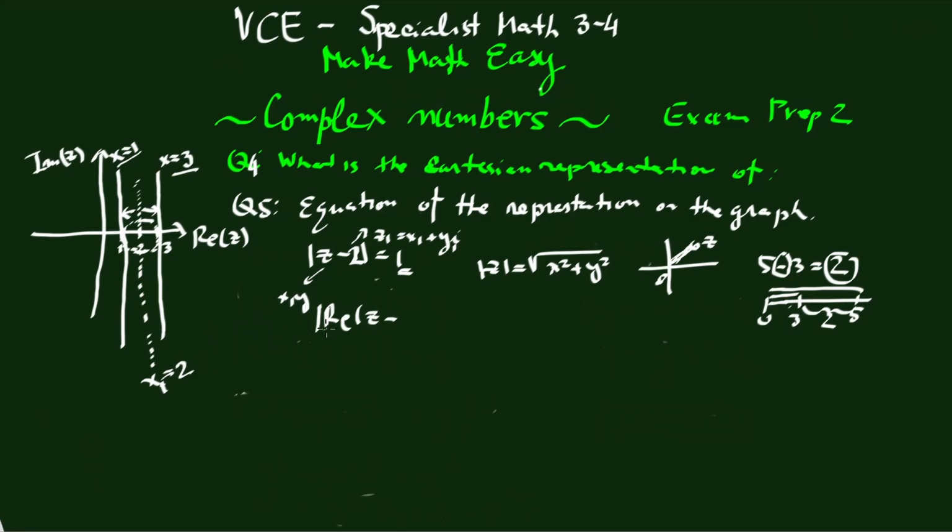So the distance between the real part of z, the locus of points z, and the real part of z1, which is 2, the distance between the real parts, just these two lines, will always be 1. So that is our equation.